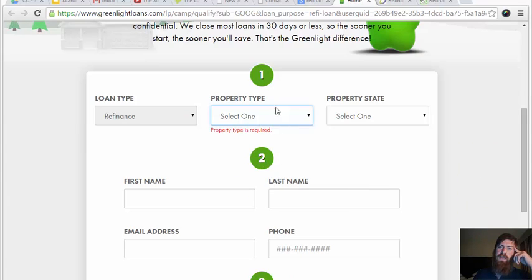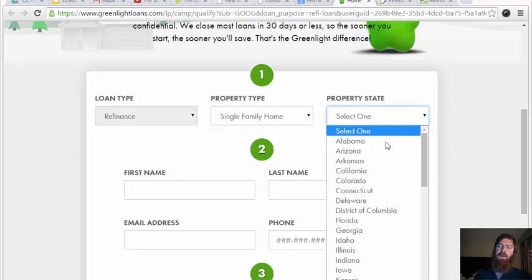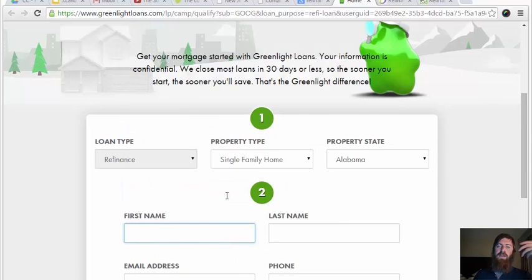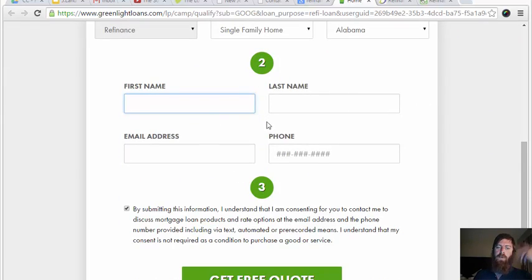But what you'll see is this is a very poorly done lander because you're noticing you can't select the loan type right here. But this is kind of a multi-part lander, and notice they're pre-qualifying the customer. You know what property type, you know what state, etc. And that way the person thinks they're going to get a quote based on what they're submitting.